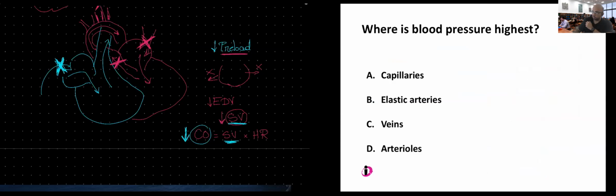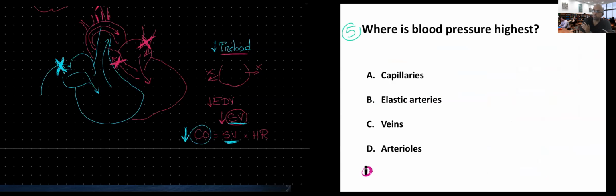All right, so for question number 5 for today, which one of those vessels is going to have the highest blood pressure? Which one of those is going to have the highest blood pressure, do you think?